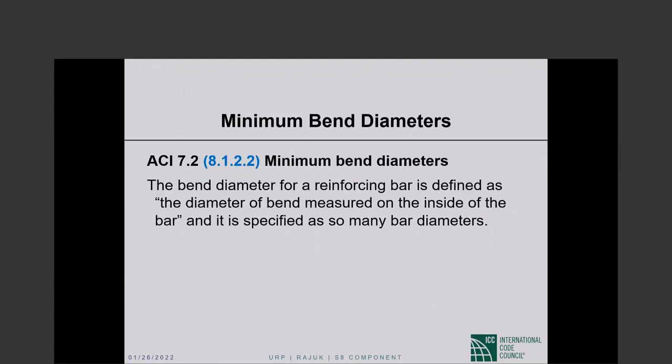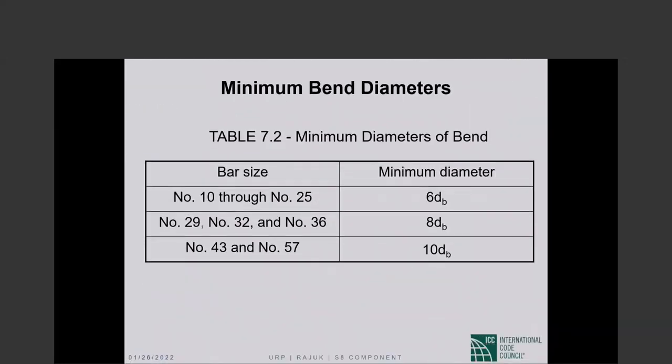Bend diameter. The bend diameter for a reinforcing bar is defined as the diameter of bend measured on the inside of the bar, and it is specified as so many bar diameters. So this table is basically for longitudinal bars.